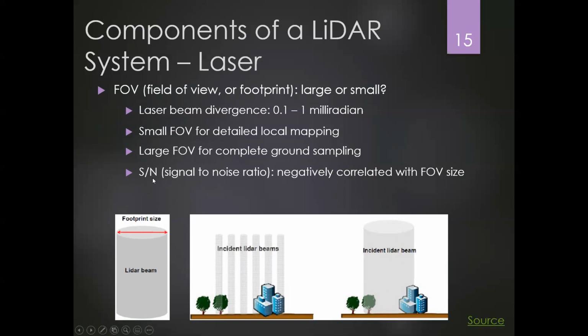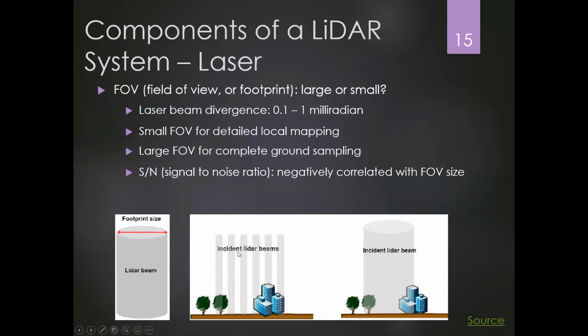Another factor you should consider is called SN, signal to noise ratio. It is negatively correlated with FOV size, which means the larger the FOV size, the smaller the SN value. The smaller the FOV size, the larger the SN value.